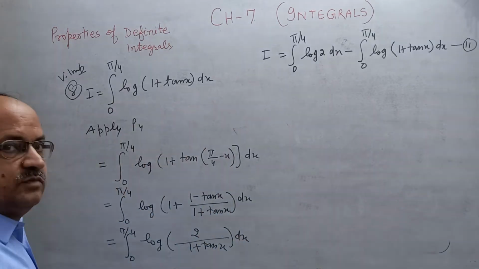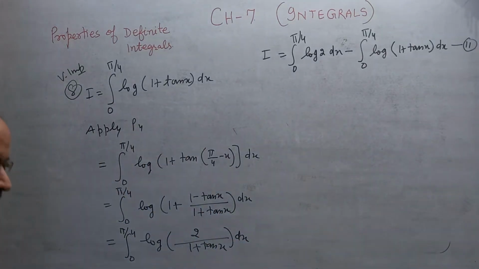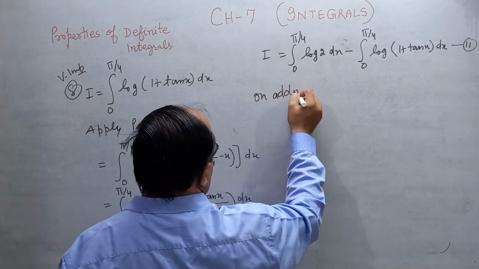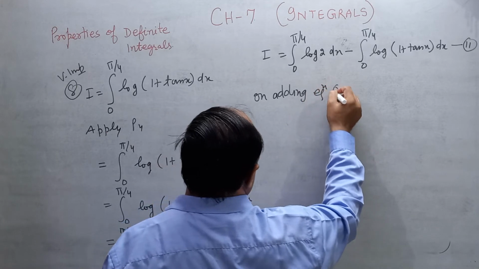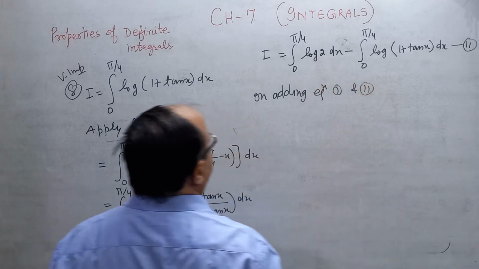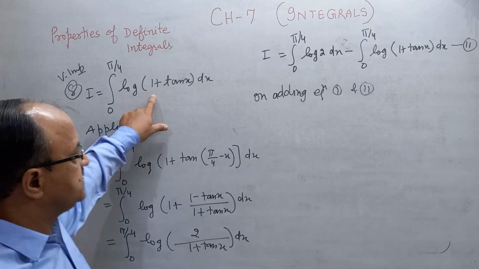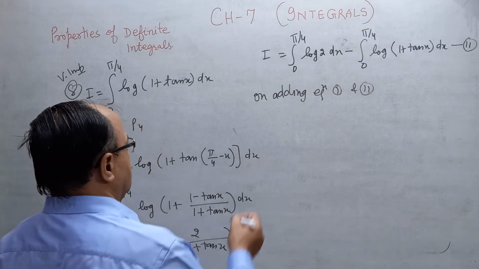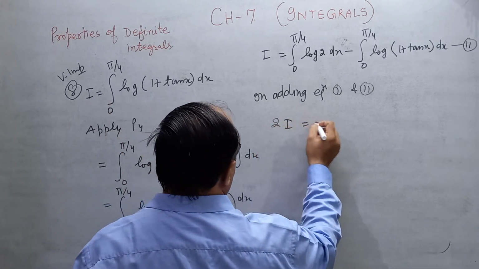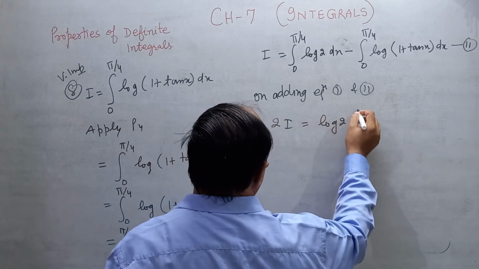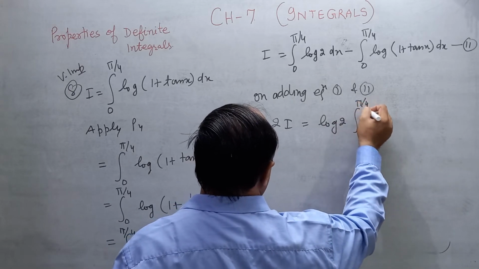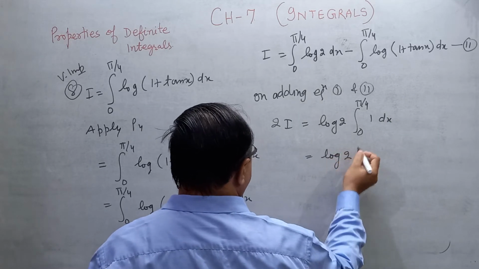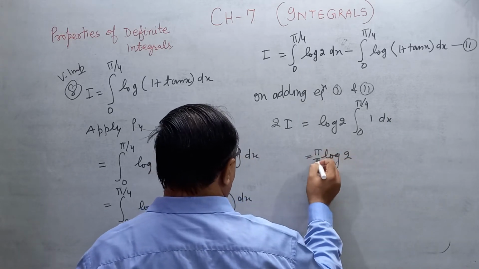Now add equation number 1 and 2. On adding, you know that this will cancel, plus and minus. I plus I is 2I, that is log 2 times integration 0 to pi by 4 of 1 dx, and the integration of 1 is x, which means pi by 4.